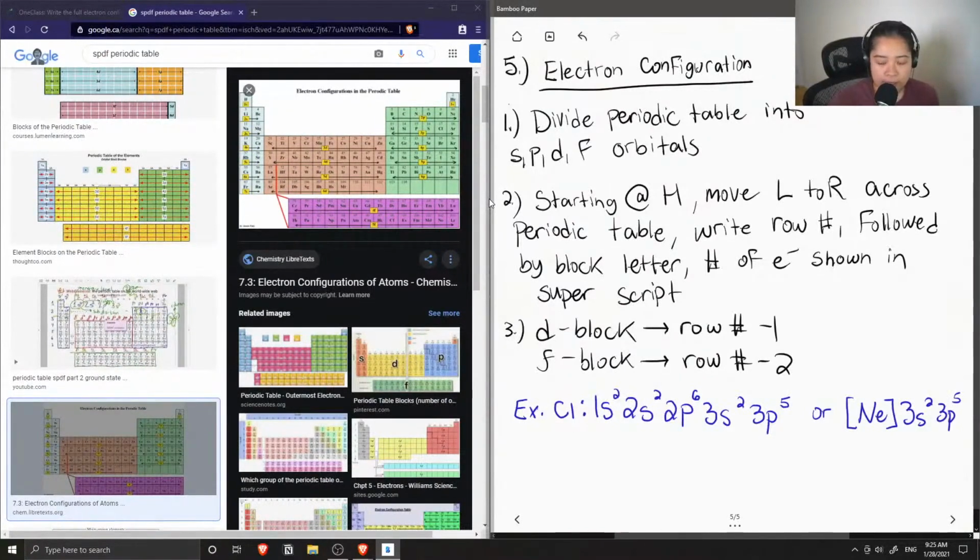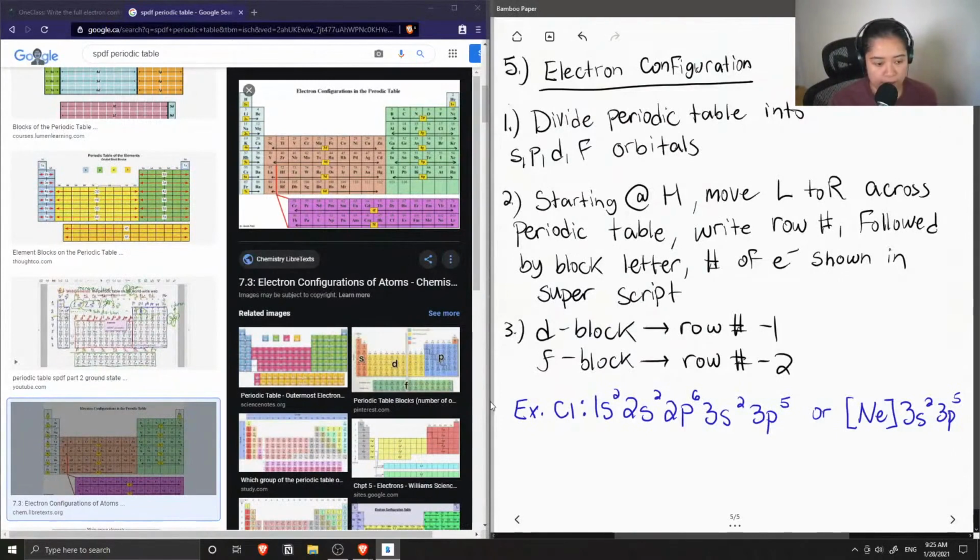The shorthand configuration is helpful when you need to write the electron configuration of an element closer to the bottom of the periodic table, like mercury and platinum. You don't want to write all of the different numbers and letters. You can just write the noble gas that comes before it, and then continue with the rest of the electron configuration.